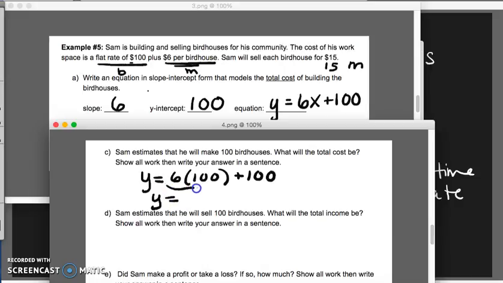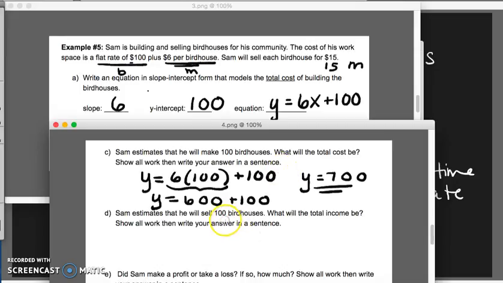Y equals 6 times 100 gives you 600 plus 100. So just to make 100 birdhouses, it's going to cost him $700. So currently he's in $700 of debt because he hasn't made a profit yet.